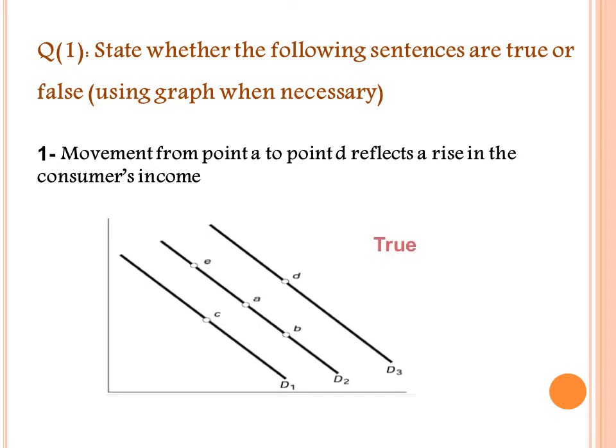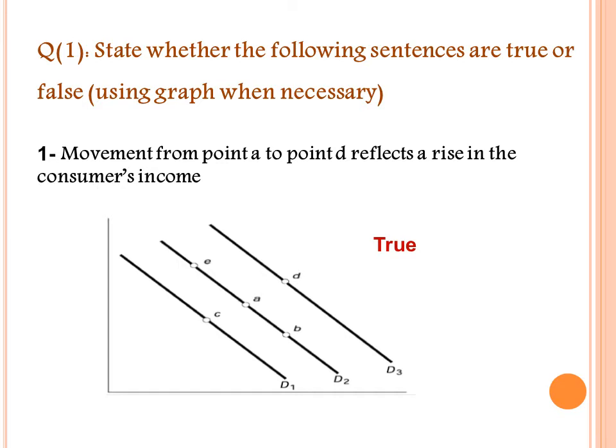This sentence is true. Why? Because point A is a point on demand curve D2. Point D is a point that is located on a higher demand curve, which is D3.